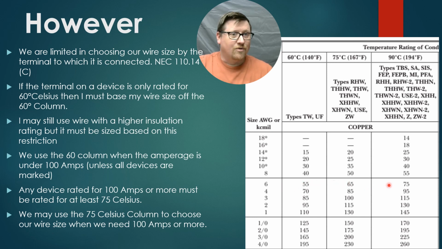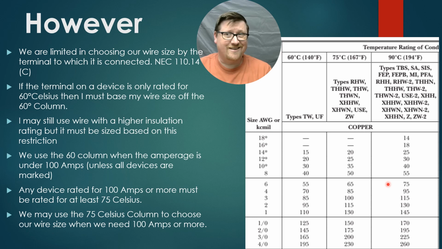And so now that insulation rating means that number 6 wire has an ampacity where it will hold 75 amps, even though I can only put 55 amps on it. I'm limiting myself because of the terminals to only putting 55 amps on it. The wire itself will hold up to 75 amps. And that's important because in a couple of minutes, we're going to start looking at other things that could derate that wire.